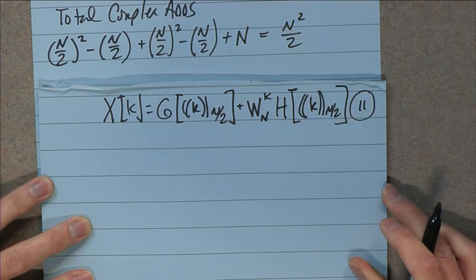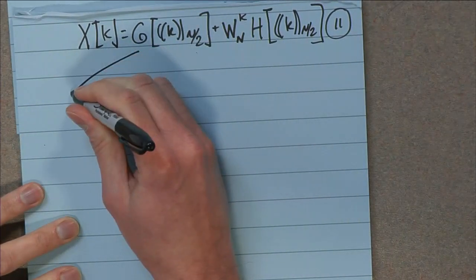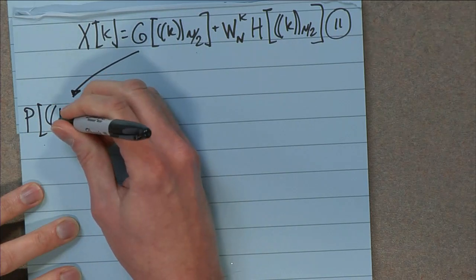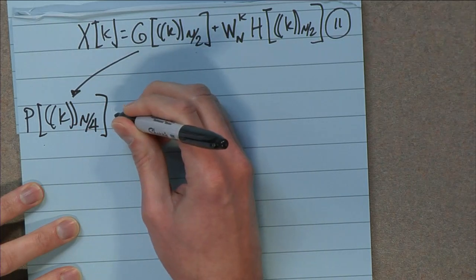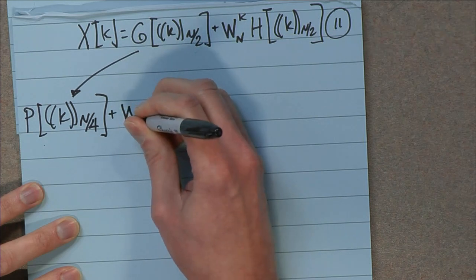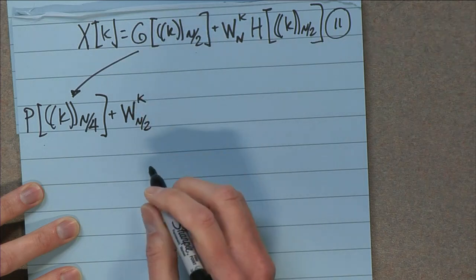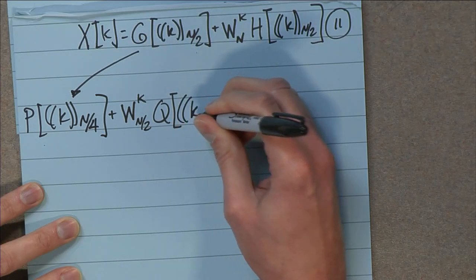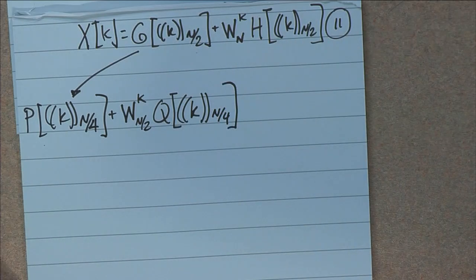So we broke that up, and now we're going to say, well, let's break up G into a sequence P plus, and I'll try to make it fit on my slide by compacting it down. And that's going to be K, but it's n over 4. So G now is this stuff.